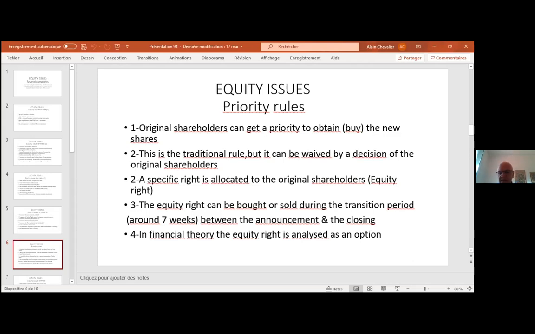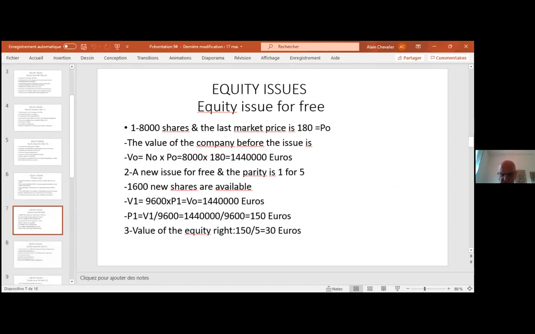So it's a kind of compulsory element to participate in the issue, with two different situations here.